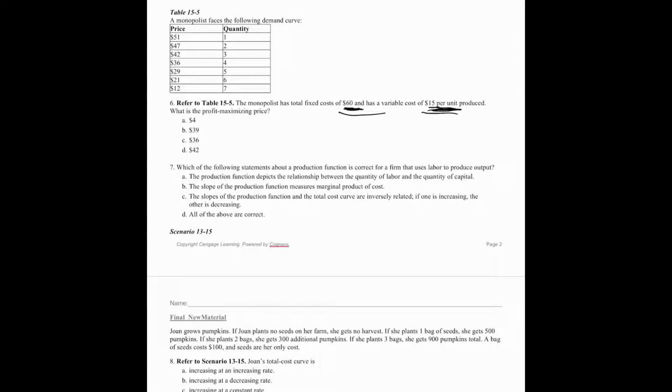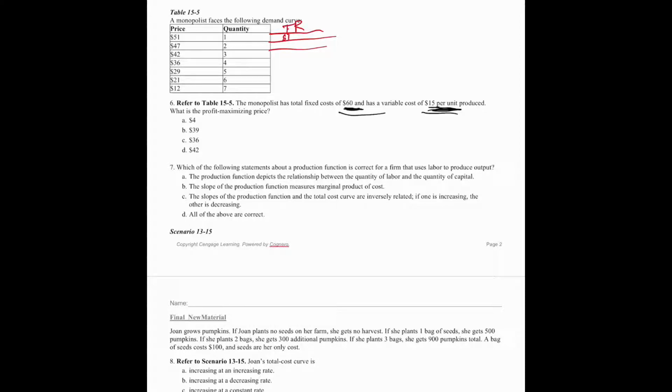So then we're just going to go ahead and produce until our marginal revenue is equal to our marginal cost of 15. So then here we need to go ahead and calculate total revenue again. Well, the first one's going to be 1 times 51, so that's 51.